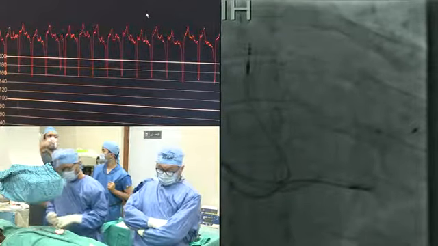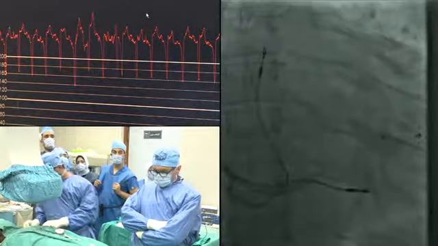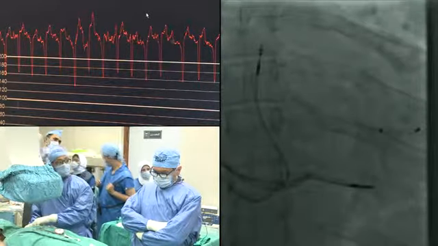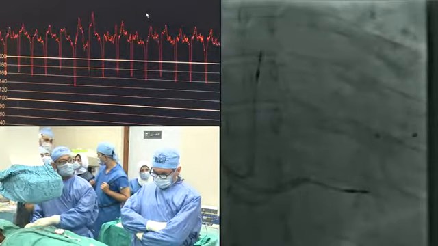Screen. It's prolapsing in the tricuspid valve. The right atrium needs some retraction.